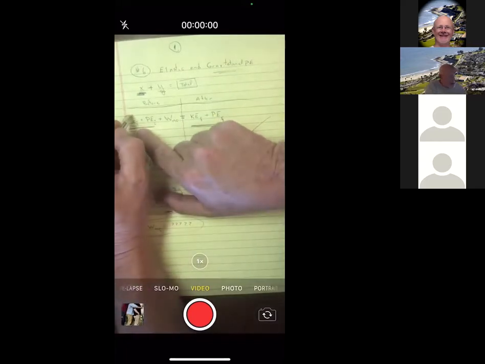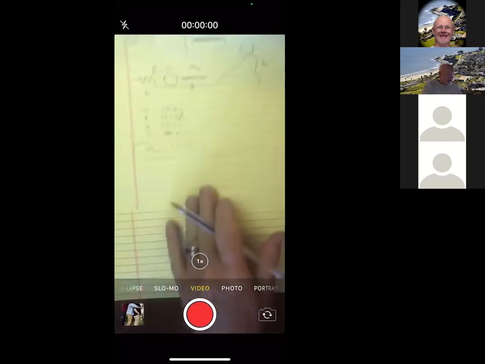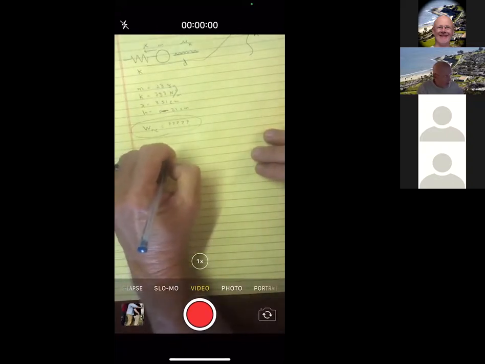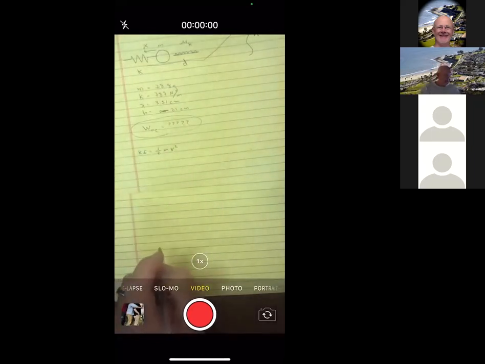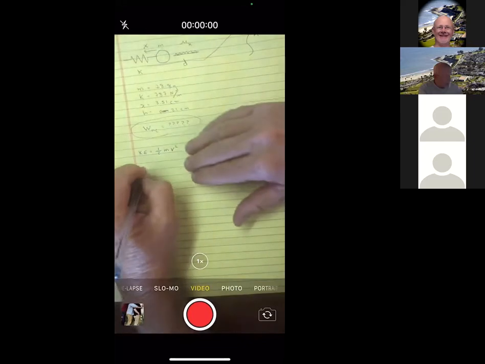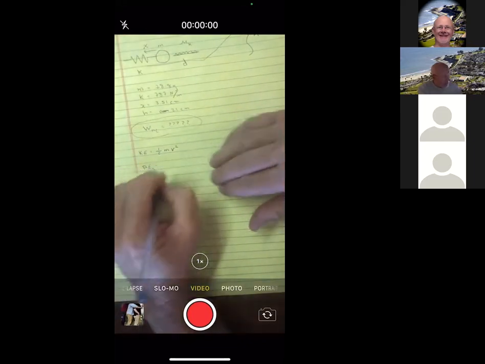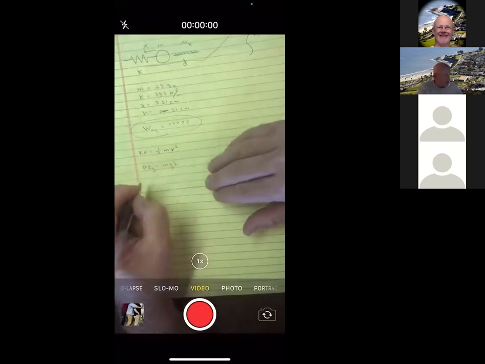All right, so let's come back over here and start here. What is my initial kinetic energy? Well, maybe down here on page 1, I better write out a formula for the kinetic energy, 1/2 mv squared. I'll also put a formula for what we call the gravitational potential energy.